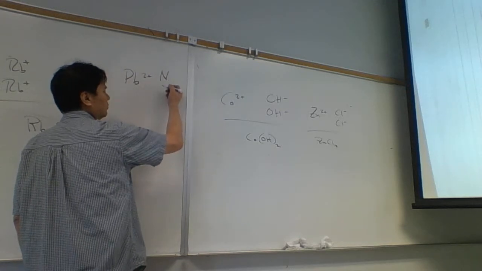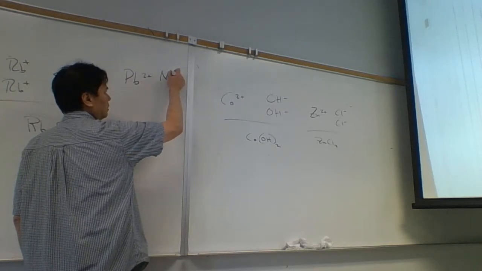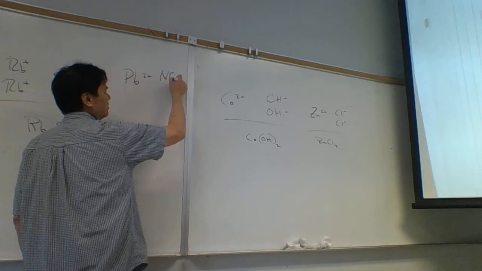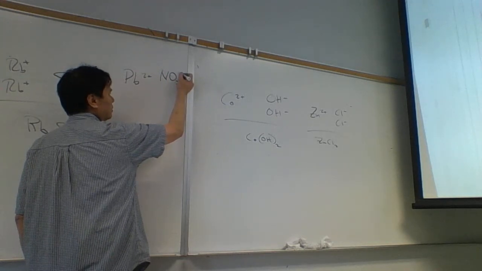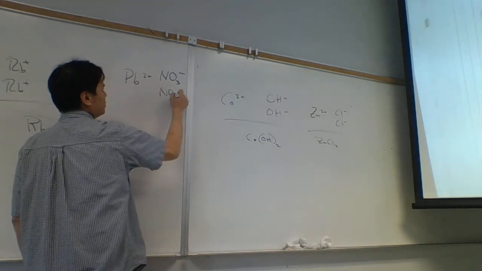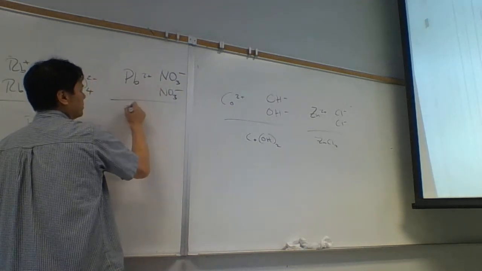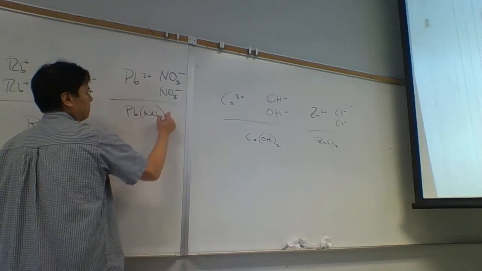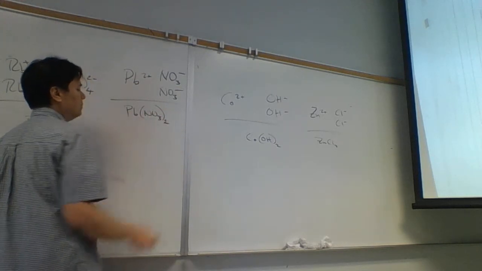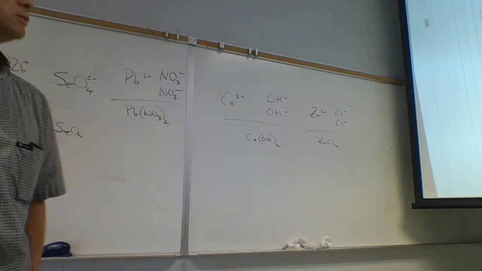Is it 3 or 4 oxygen? 3. And then charge? Minus 1. So we have 2 of those to balance this out. Lead 2 nitrate would have this formula, Pb(NO3)2.